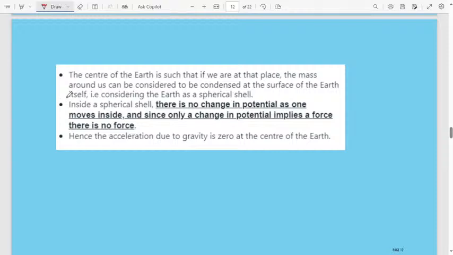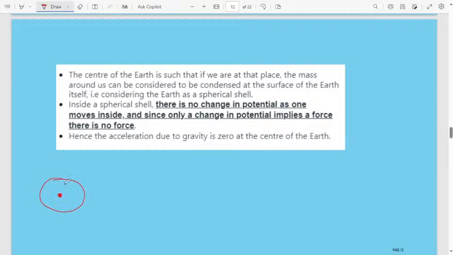Already you know the earth is in the form of a sphere. Consider this is an earth, this is the center of the earth.